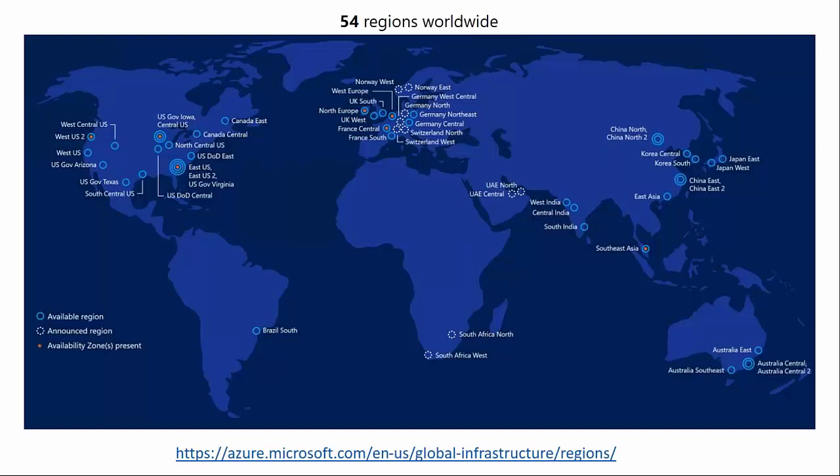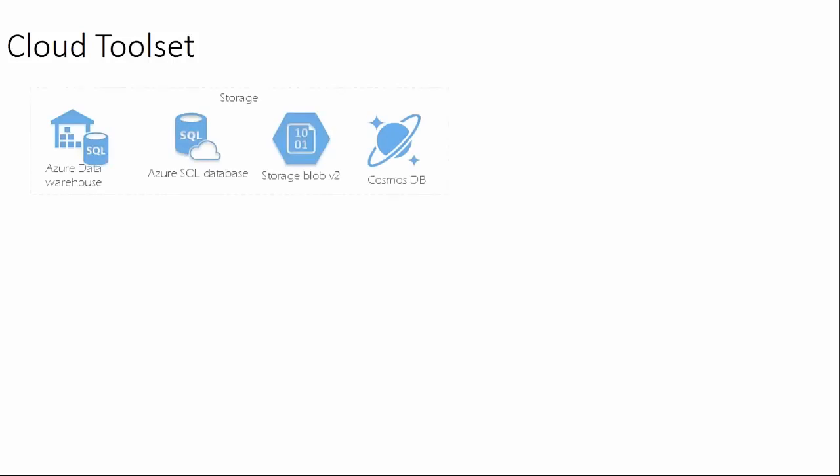Another good point actually is that once you are in Azure, you're going to be able to use any of their services, not only the data warehouse services that we're going to review. Azure is offering more than 1,000 services between products and the different options for the tiers. This is my cloud tool set, and these are tools that I use for my data warehouse solutions in Azure.